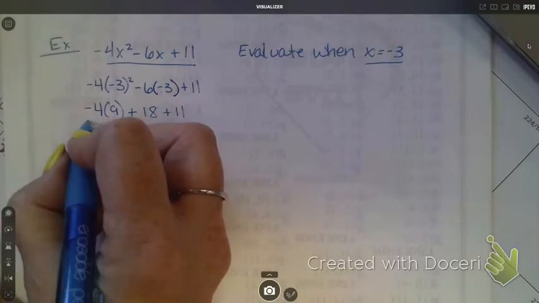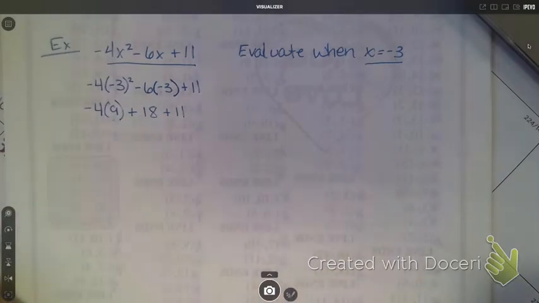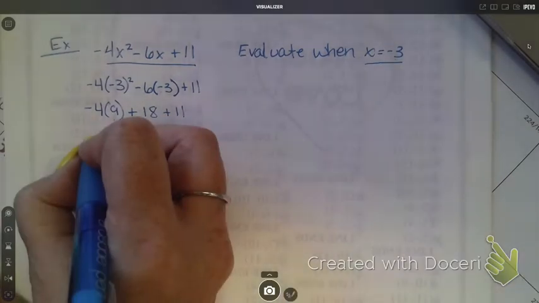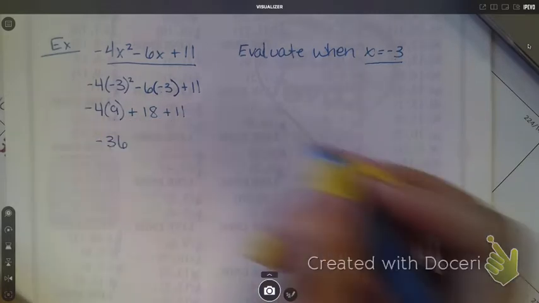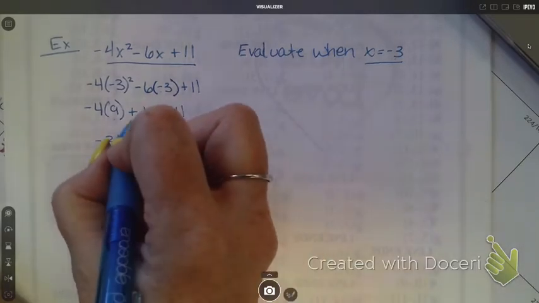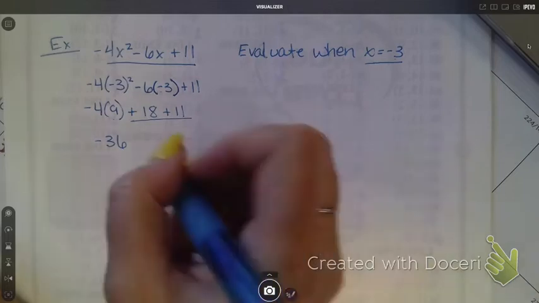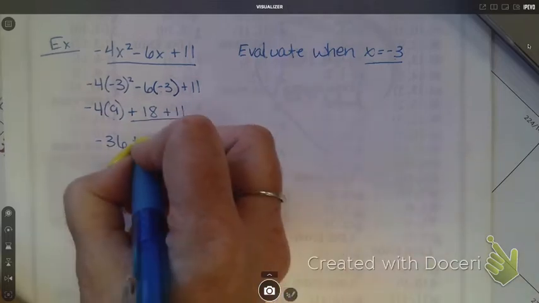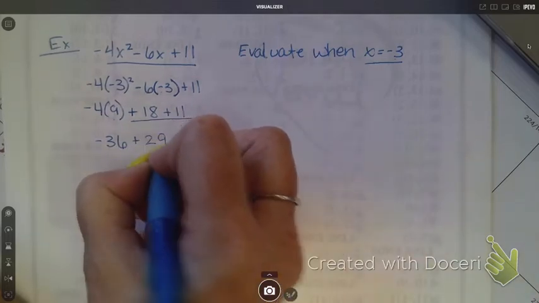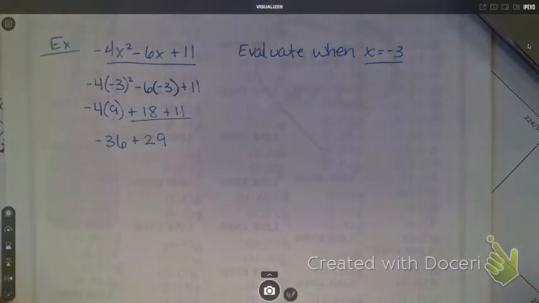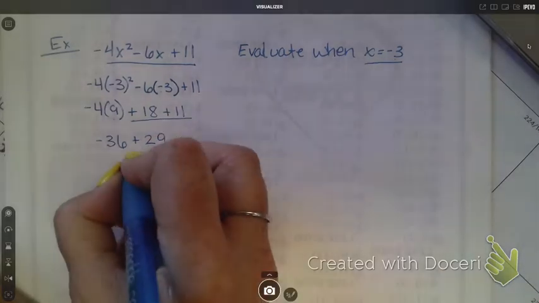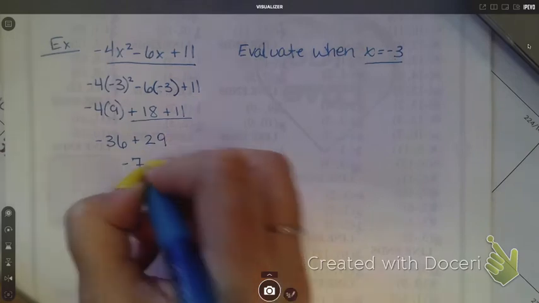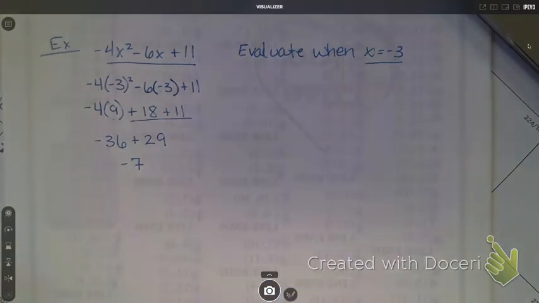So -4 times 9 is -36. -36 and positive 18 and positive 11 is? -7. So my answer is negative 7.